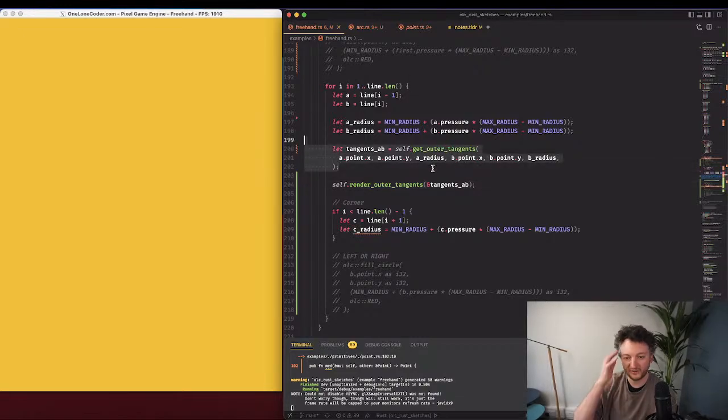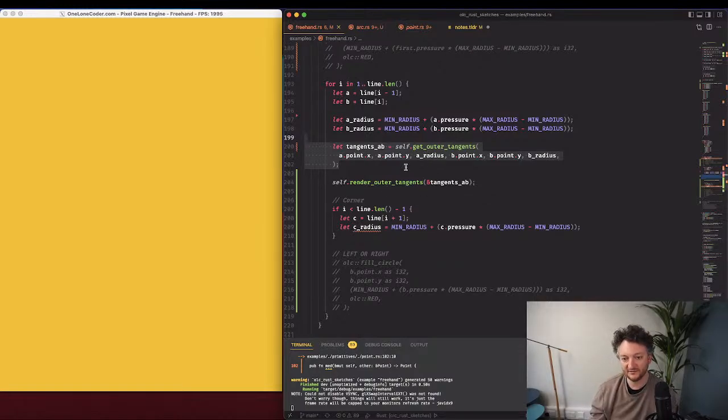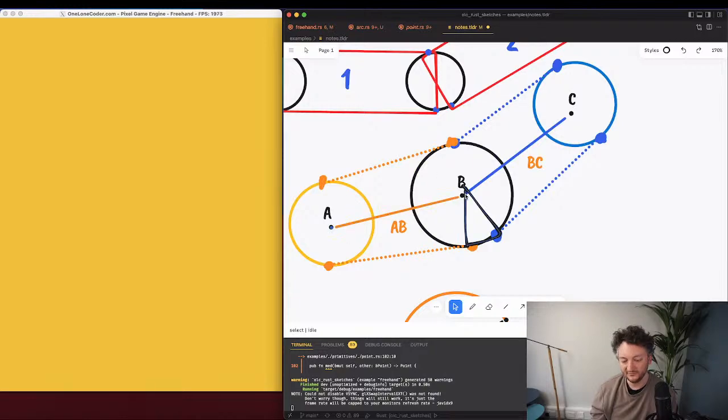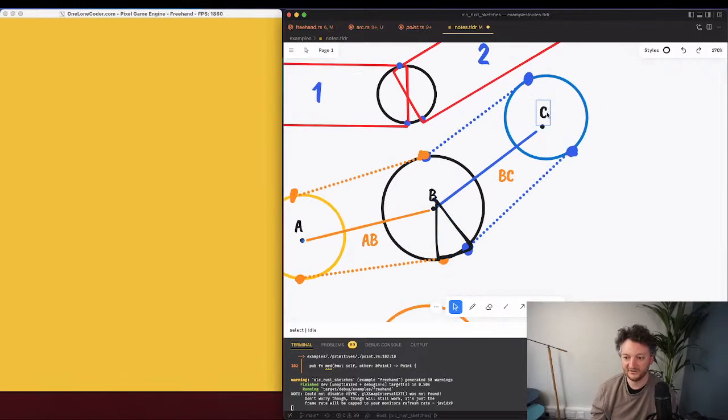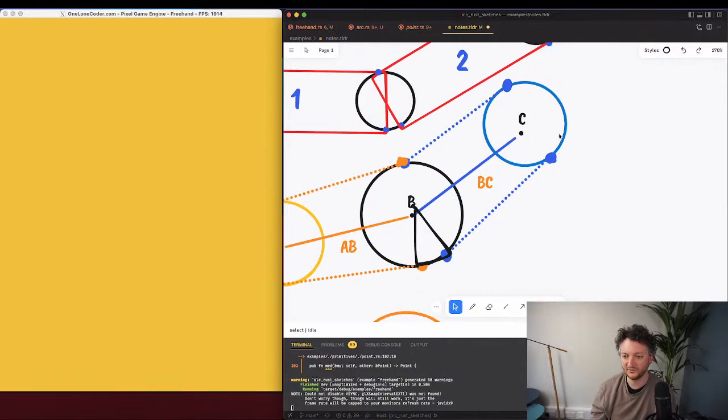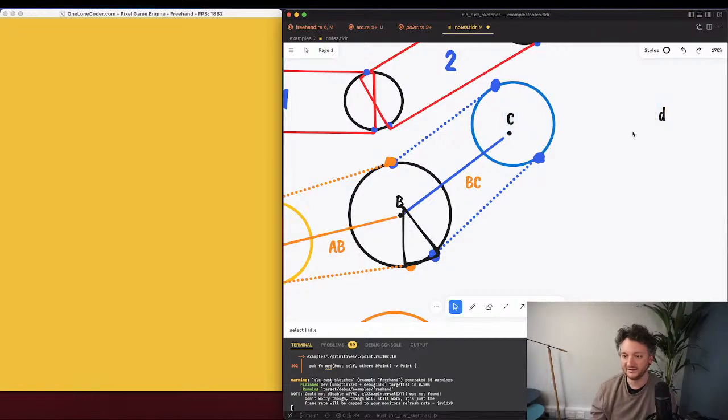Now this is already wasteful because we're going to be getting these tangents twice as we go from A to B. We're going to be getting these tangents and these tangents, and then when we go from B to C, we're going to get all 4 tangents, and then when we go from C to D, we're going to get these again.